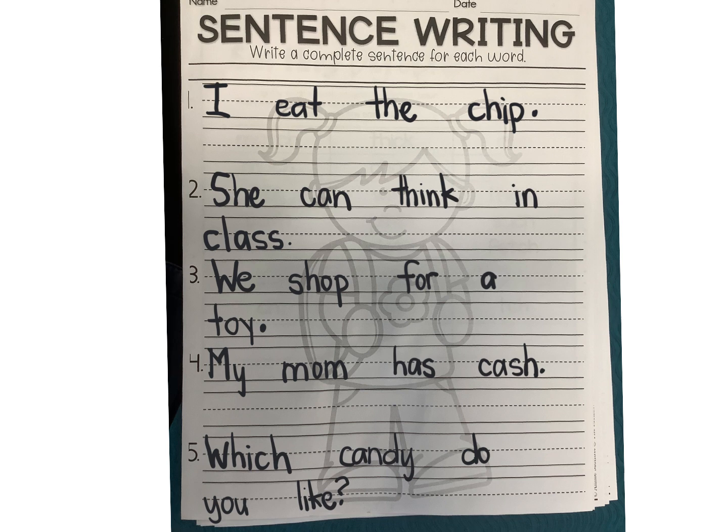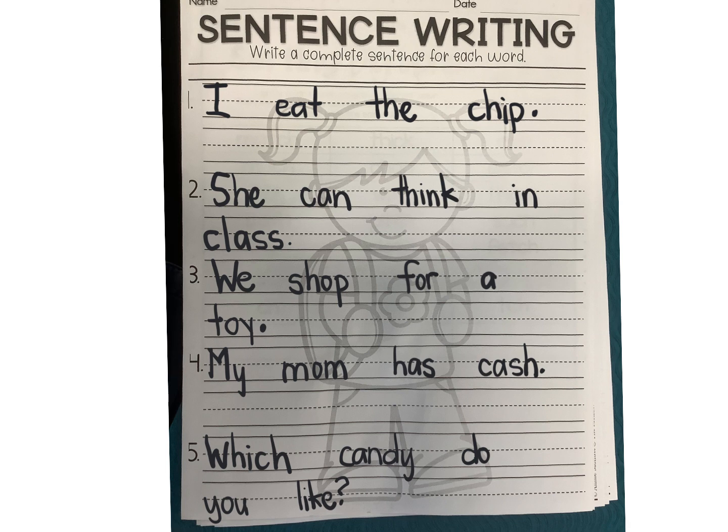Okay, so now that we have our sentences done, let's go back and read them. Can you read sentence 1 to me? Read sentence 1. I eat the chip. Now do sentence number 2. She can think in class.